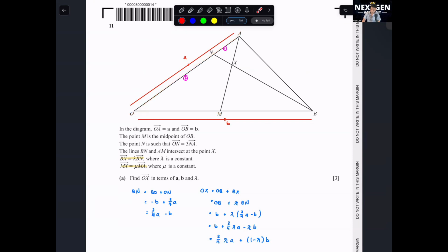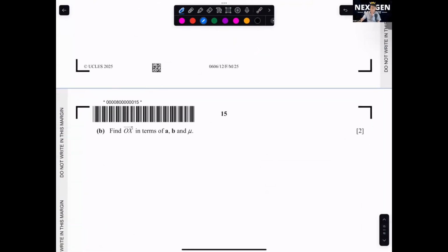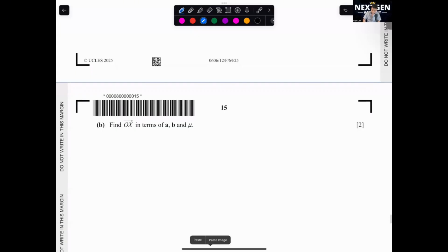MO is negative half b, so MA is negative half b plus a, or a minus half b.